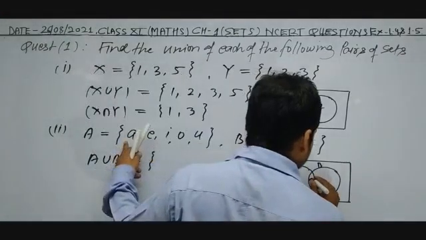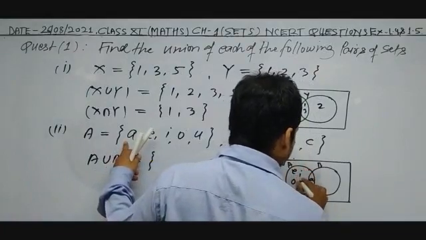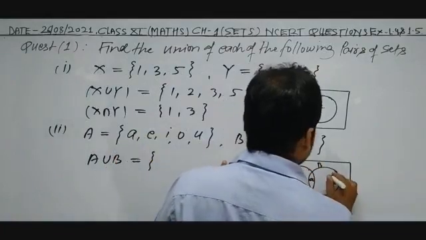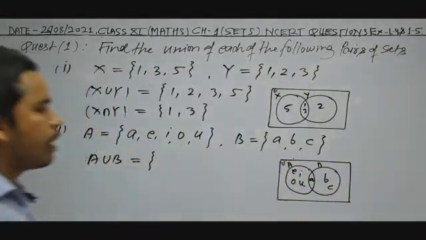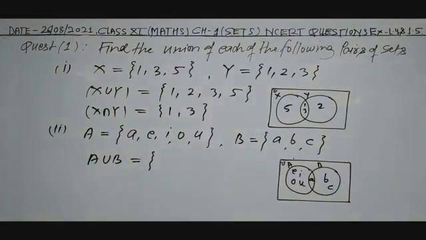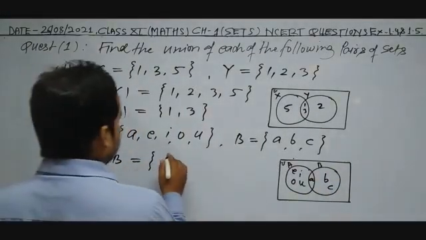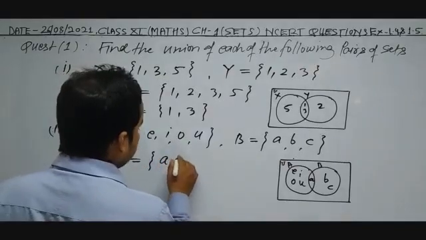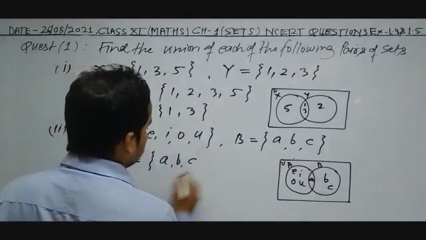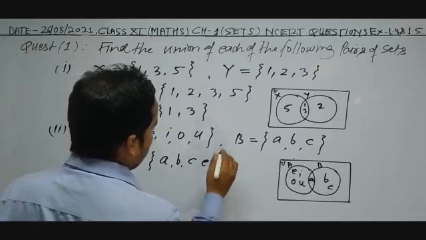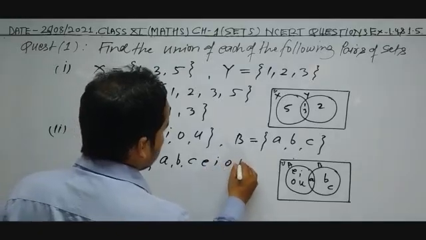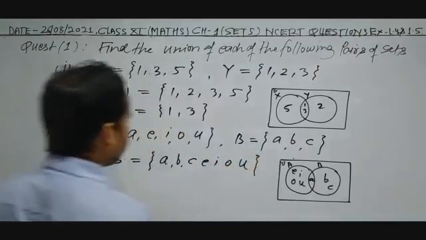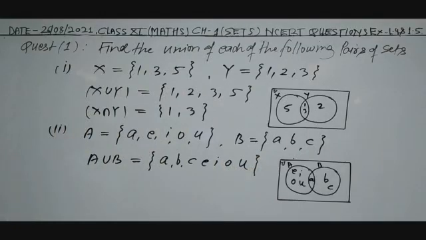So A will be here, E, I, O, U. Now B, C. Now if you find A union B, you will get A, B, C, E, I, O and U.